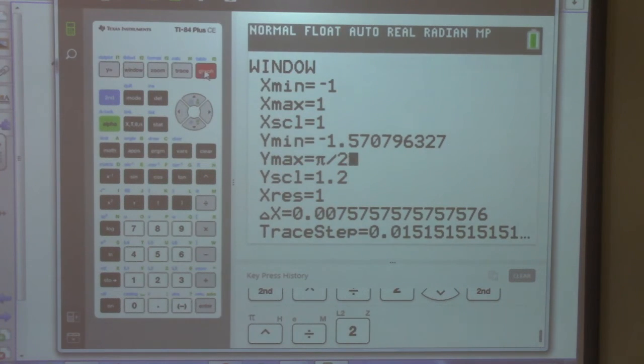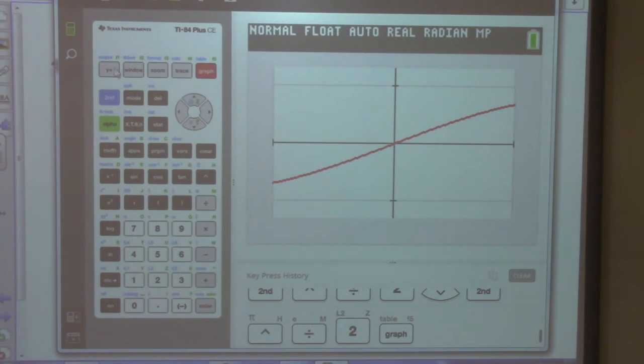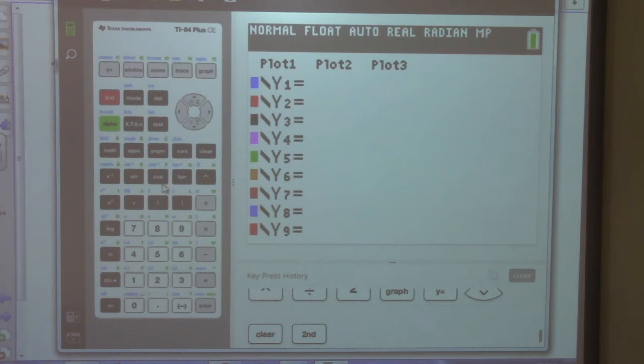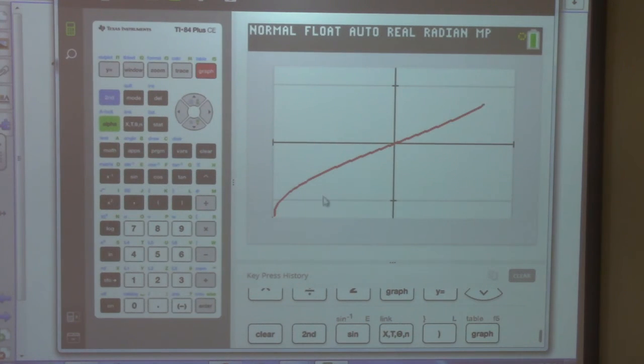And so we graph, we don't see it here, but we have to get the right function here. Okay, we're going to change that to inverse sine of x. So we go ahead and enter that graph. That's what it looks like.